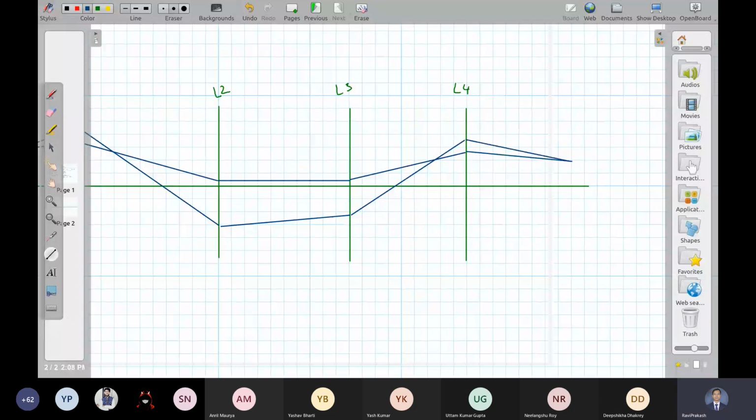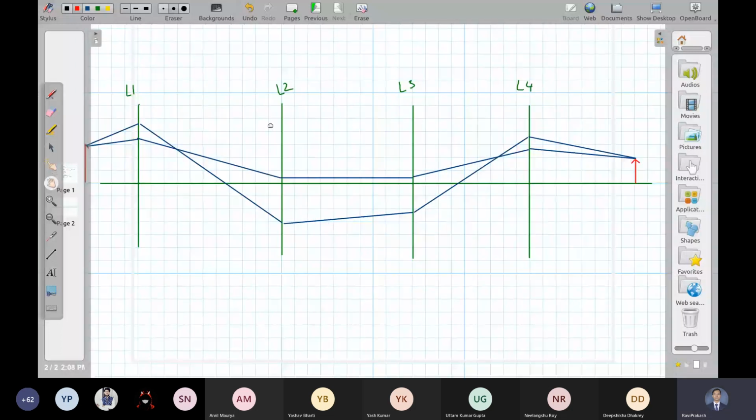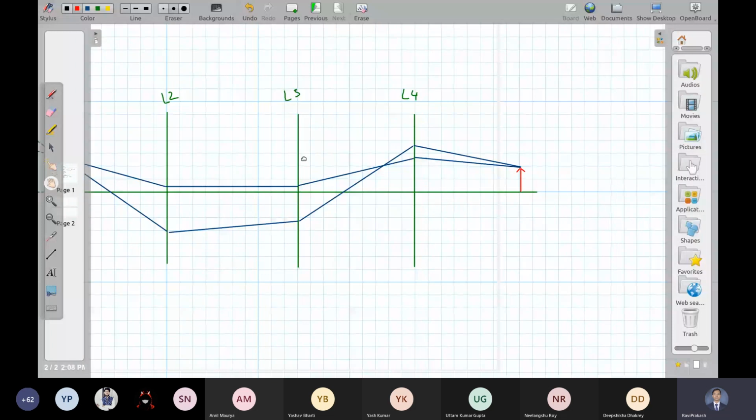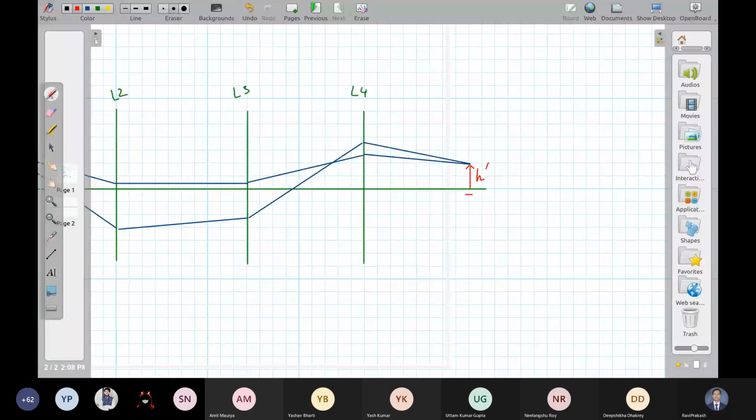And I finally get the image at this point. The height of the object is, let us assume, h, and the height of the image is, let us assume, h'. This is the final image, and this is the object. This is a real object.